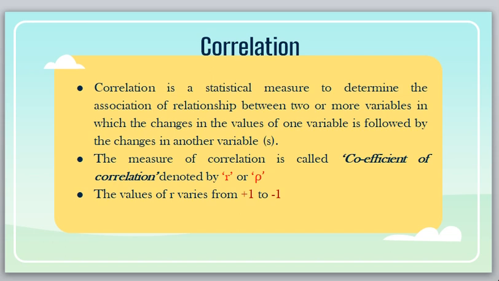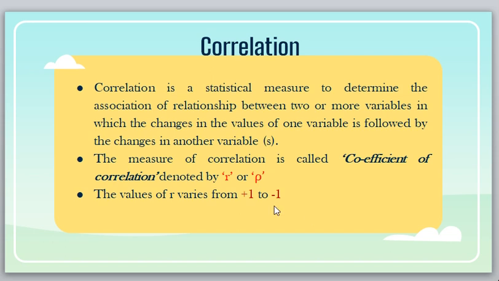For example, when we study students, we study the relationship between academic achievement versus learning style, motivation, and home environment. And in the case of teachers, we also study the relationship between job satisfaction and the salary package, and also the working hours. So these are some of the areas where we use correlation.